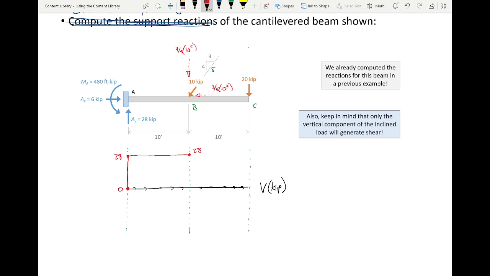Only the vertical component generates any shear along the beam. So I propose we don't drop down 10, we drop down 8. We are at 28, we drop down 8, and that puts us at 20. Before we go into the math, doesn't that just make sense? Because we're going to go constant, and then we see a 20 kip load that's going to bring us down to 0, right? So it has to be 8.